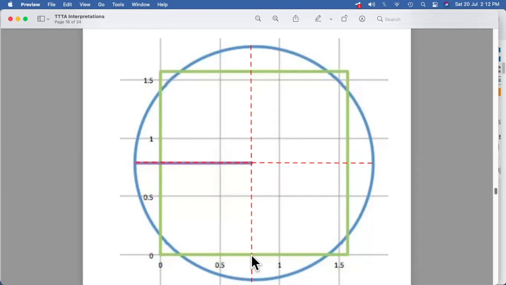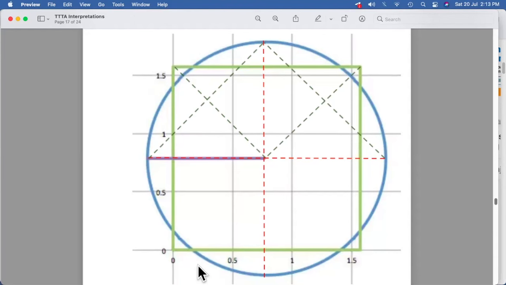But here, the most important thing for us is that the perimeter of the square is equal to the circumference of the circle. As we go further, what we have done is we have tried to superimpose our logo on the circle. This 90-degree corner is joined to the circle, and probably the same is done over here.